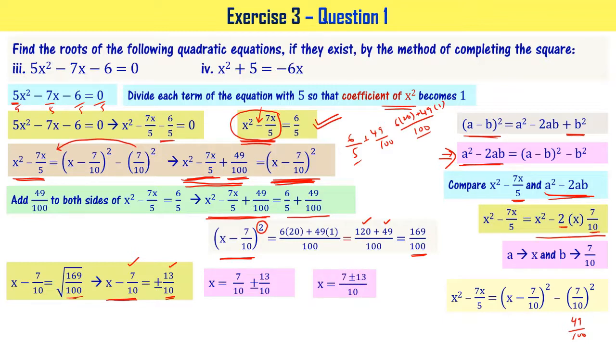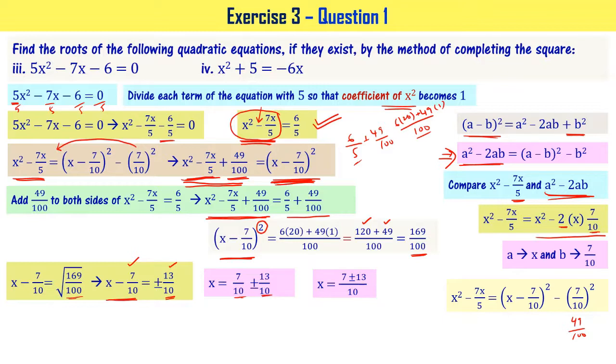I can write it, since the denominator is 10, as x equal to 7 plus or minus 13 divided by 10, right? The LCM of these two fractions is 10. That's why you can write it in the simplified form as x equal to 7 plus or minus 13 divided by 10, right? Now I can take plus sign once and I can take minus sign once, right?